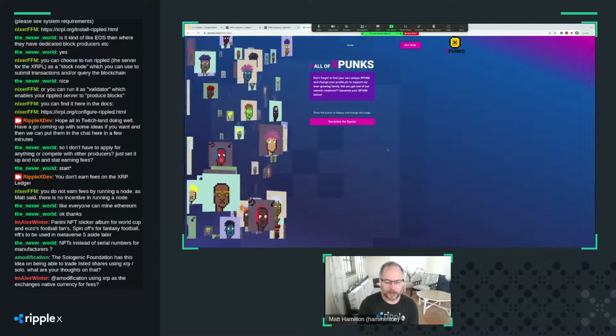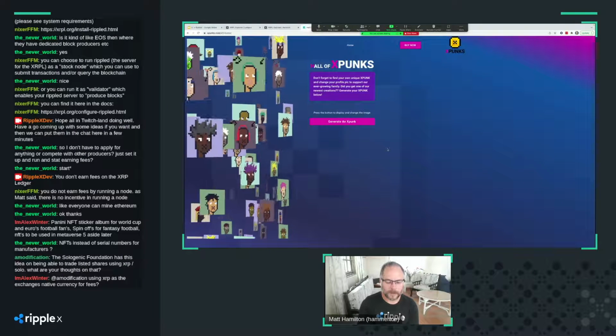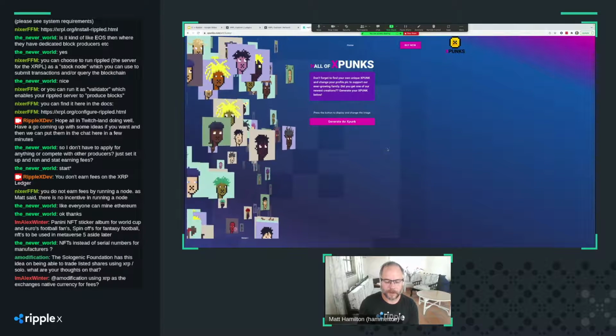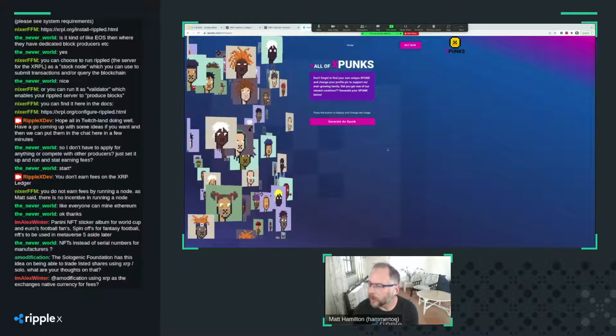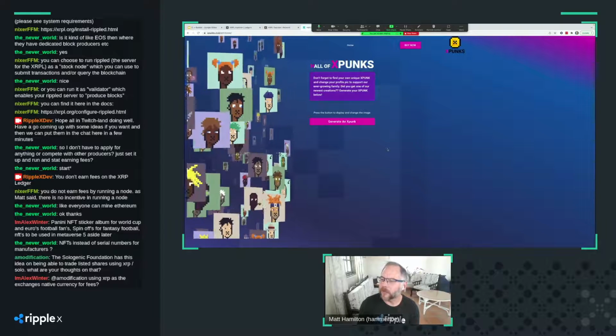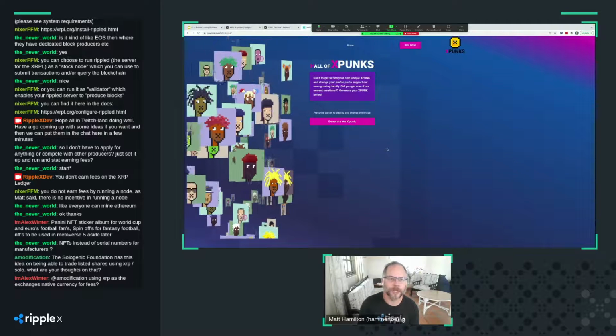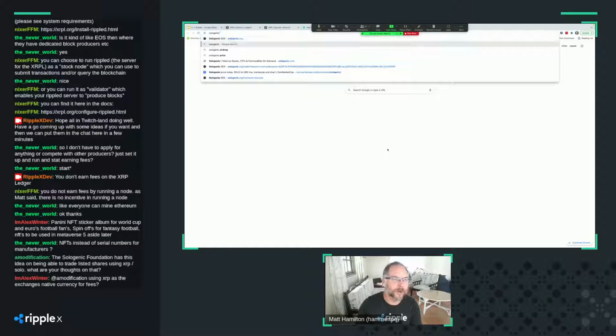Any other ideas in IoT? Okay, I'll look in Twitch as well. A modification has said the Sologenic Foundation has this idea of being able to trade listed shares using XRP. That's quite a cool one that they're doing.